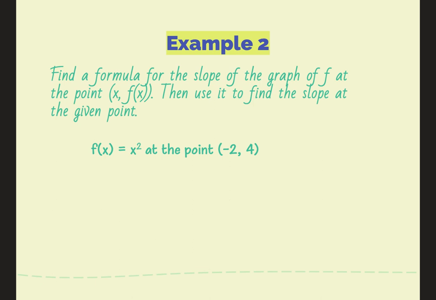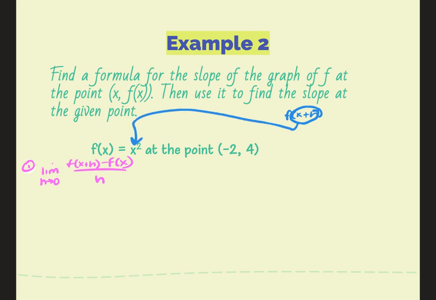So the first thing we're going to do is find the equation of the slope by taking the limit as h approaches 0 of the difference quotient, f of x plus h minus f of x, all over h. To find f of x plus h, we take our x plus h and plug it into the equation. This equation is just x squared, so we're going to do x plus h squared.